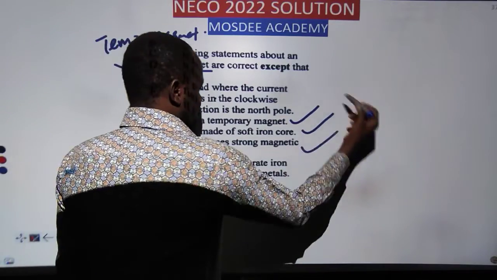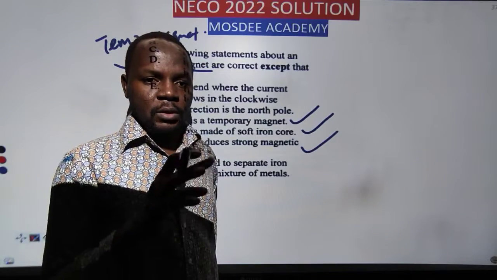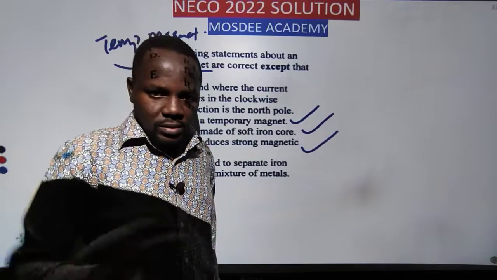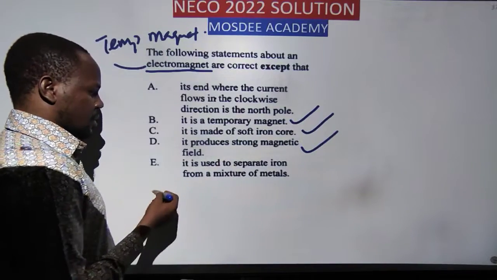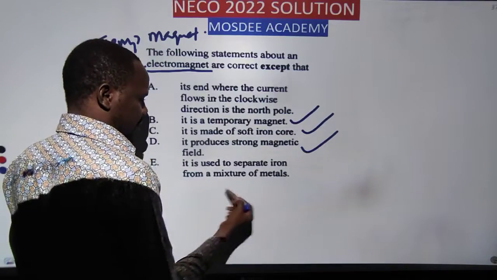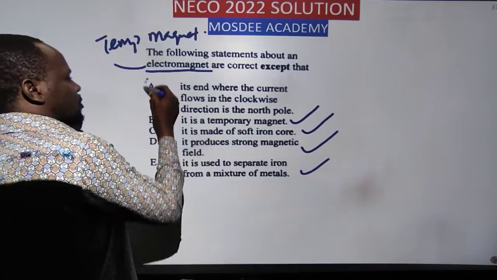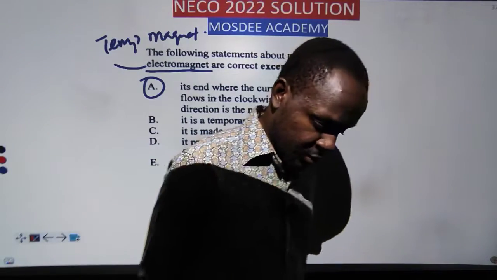It produces a strong magnetic field because it requires current. The moment current is stopped, the magnetic field can never be produced again. It can be used to separate iron from a magnet, so this will be the answer. That's the only one that is off.